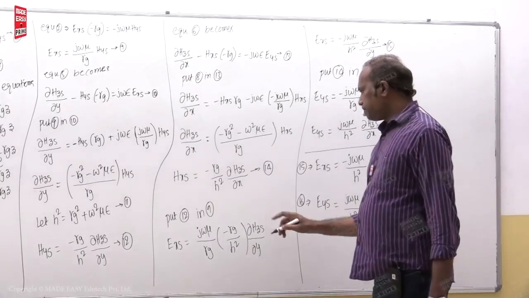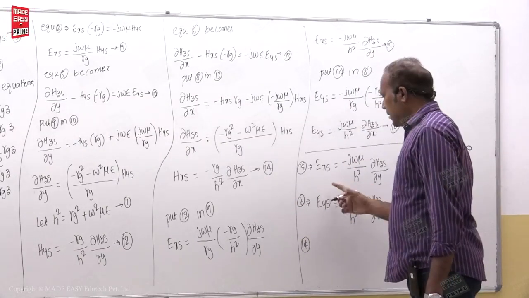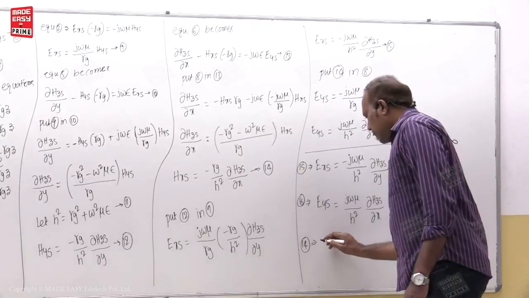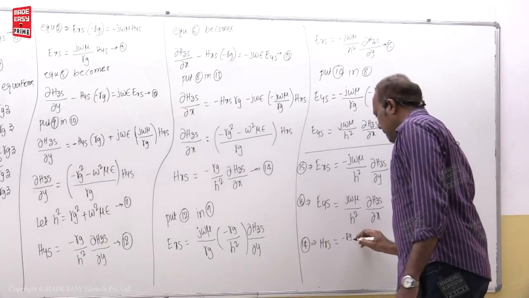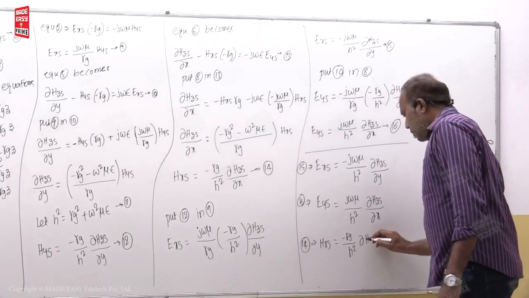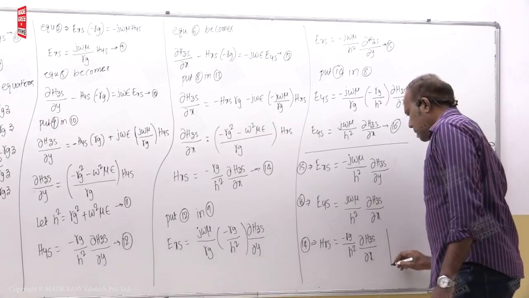Similarly, from equation 14, first I wrote Ex, then Ey, then Hx, Hy. Here you have Hx is equal to minus gamma g divided by h square dou Hz divided by dou x.